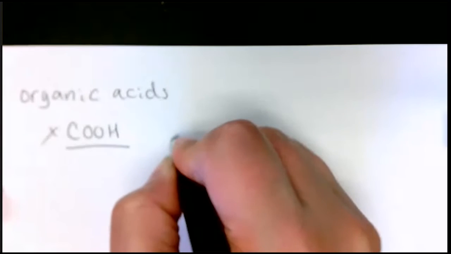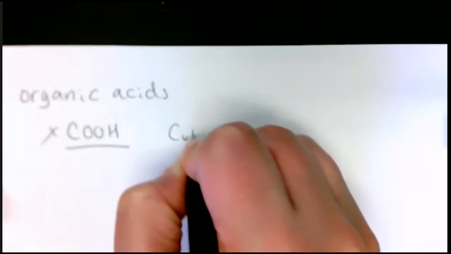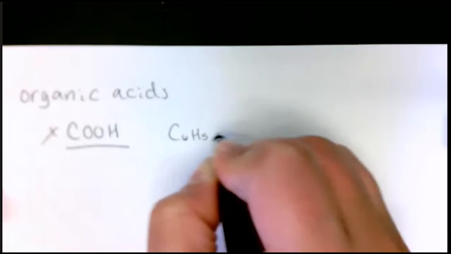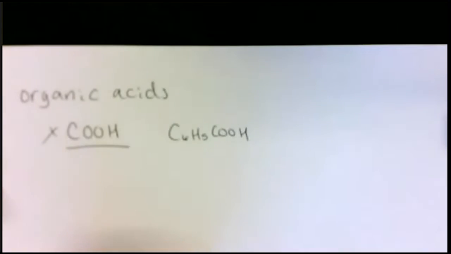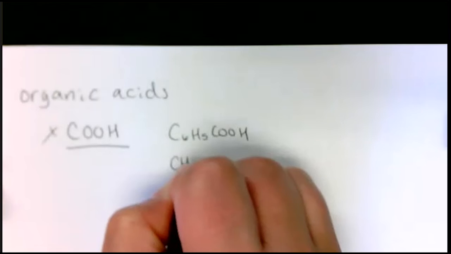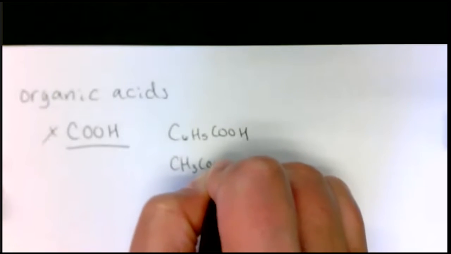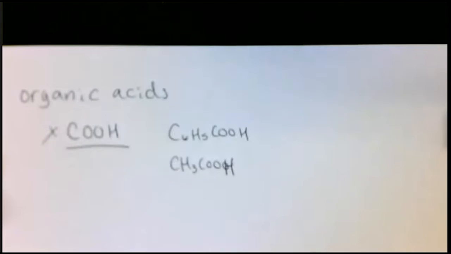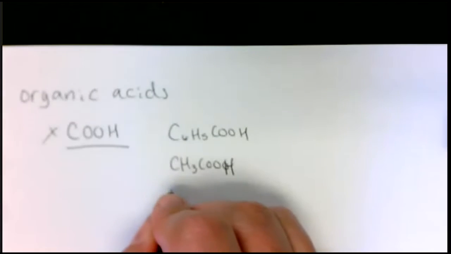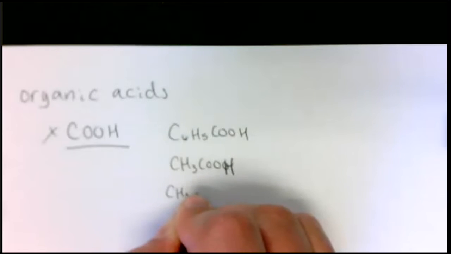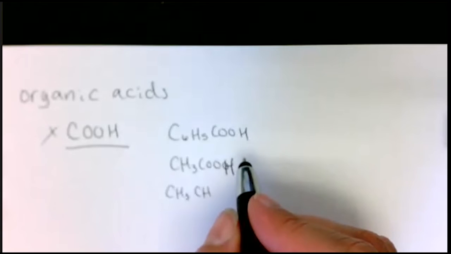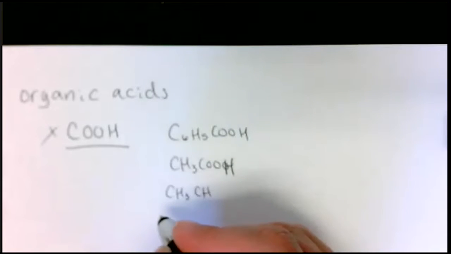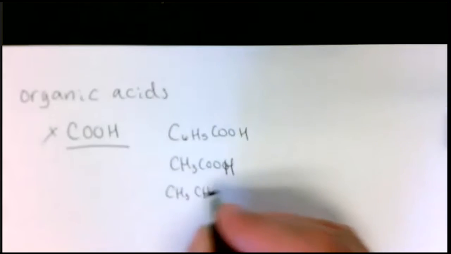So we have stuff like benzoic acid, C6H5COOH, acetic acid, CH3COOH, propanoic acid.